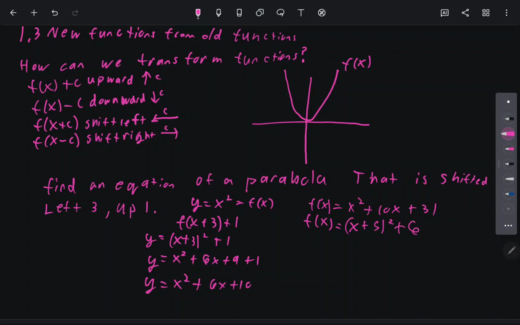So this should just be f of x is equal to x plus 5 squared plus 6. So this would be shifted left by 5 units and up 6 units. So that's kind of how you can go from an equation to knowing how far shifted left to right it is.